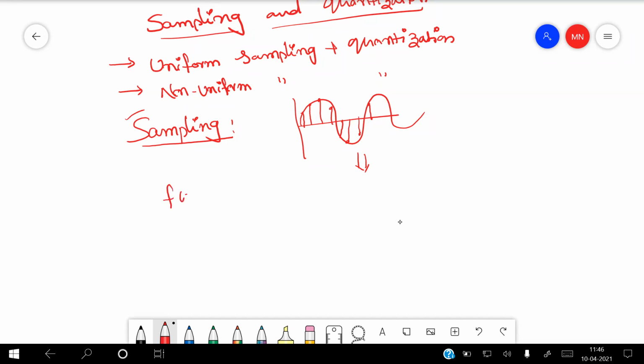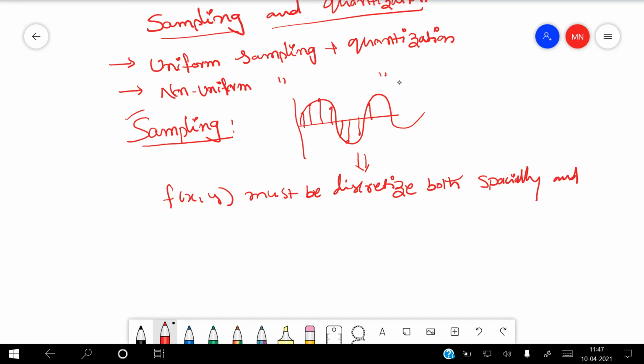An image function f of x comma y must be discretized both spatially and in amplitude.